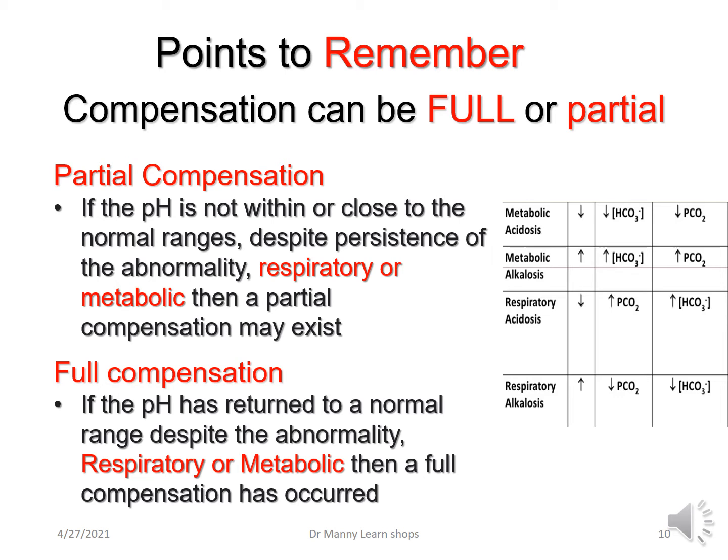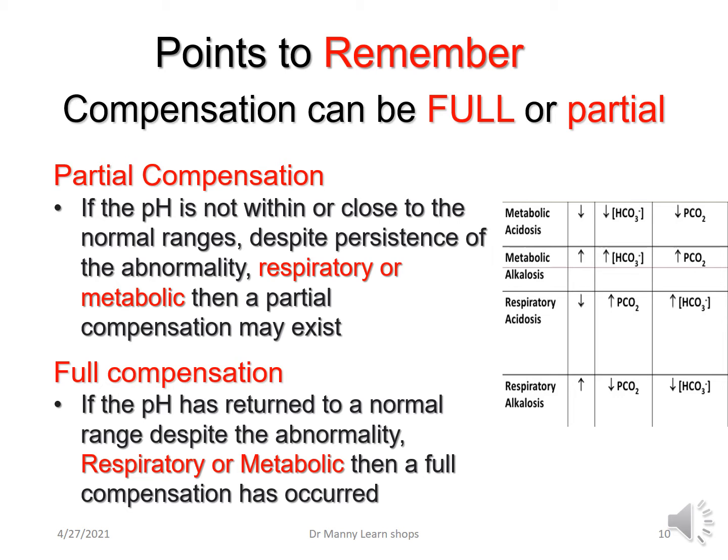Partial compensation basically means the pH is not within or close to the normal range despite persistence of the abnormality, which could be respiratory or metabolic. So partial compensation means that despite the respiratory or the metabolic problem, the pH may be returning toward normal. It's not normal, but it's trying to get to normal.